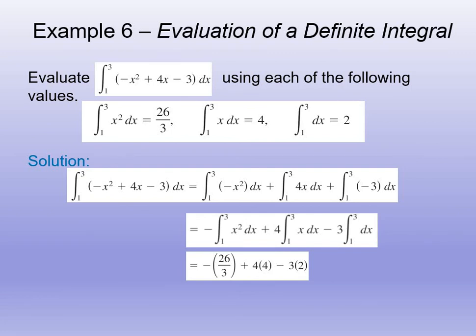We have 4 times the integral from 1 to 3 of x dx, which ended up being 4, so 4 times 4 for that part, minus the 3 times the integral of dx, which is given to us as 2. So we substitute in our values, simplify them down and combine like terms, and we end up getting 4/3.